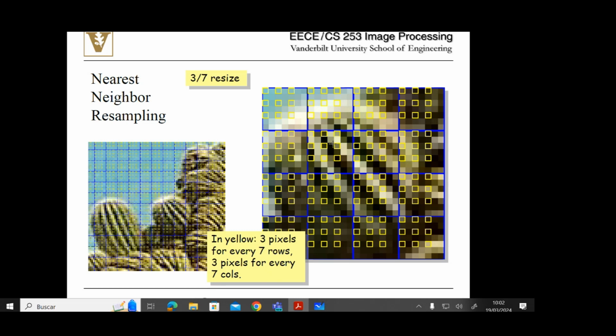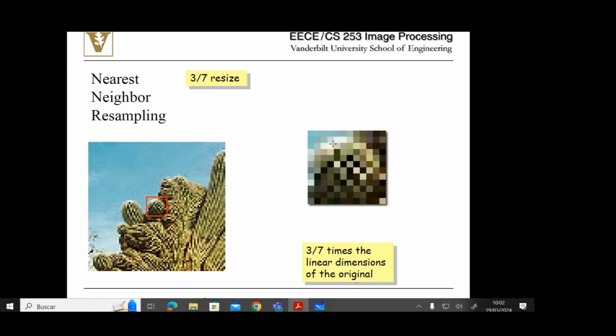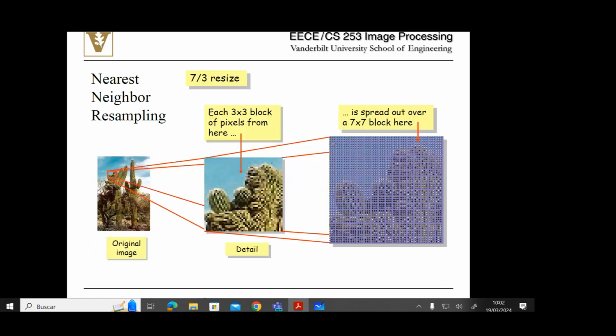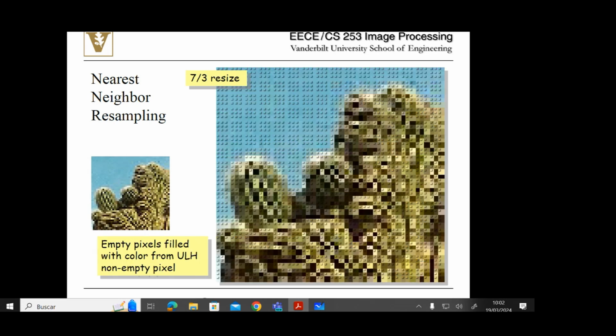All the rest are 0. And then you copy the nearby pixel. There is not such a nice picture here, but you can really see. So you have the blocks 7 times 7, then you fill the 3 times 3 blocks, and then there are holes. Now you fill the holes by simply copying the nearest pixel.